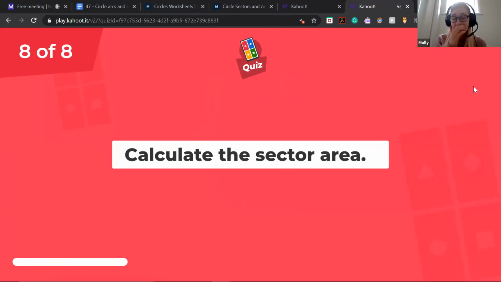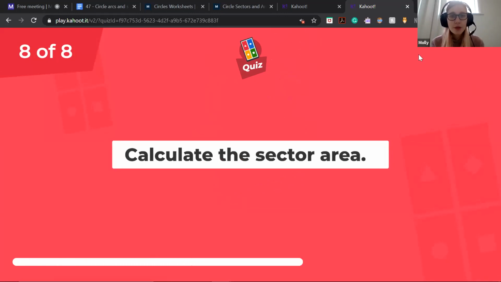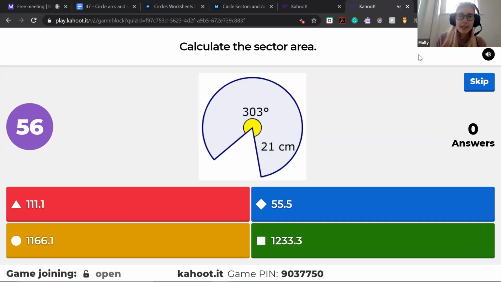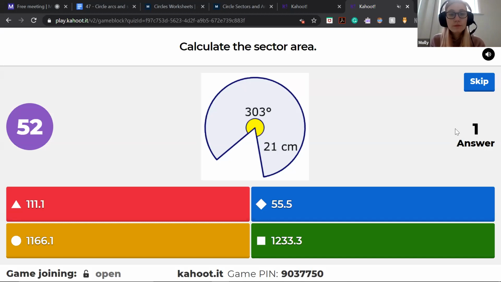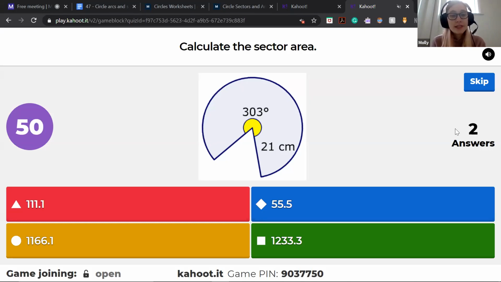Right, final question, another sector area question. I'll again let the time go down, so if you're not sure, just get it in quickly so that we can move on. But again, feel free to take an educated guess at it.